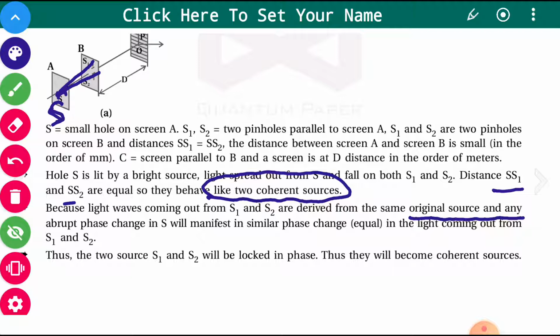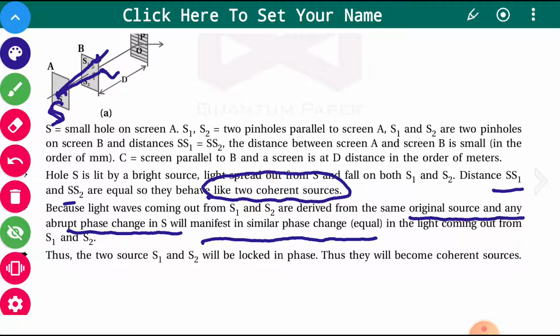From this source we now have two different waves because of the two slits made on the second sheet B. Any abrupt phase change in S will manifest as a similar phase change in the two waves coming out from S1 and S2.